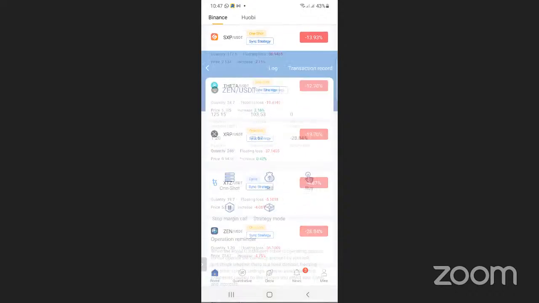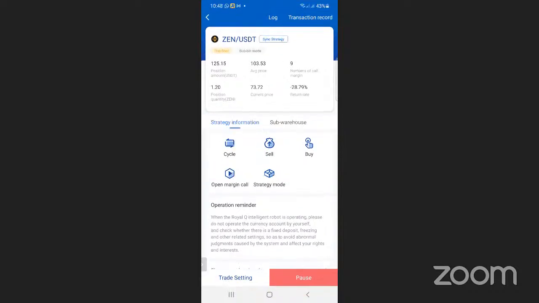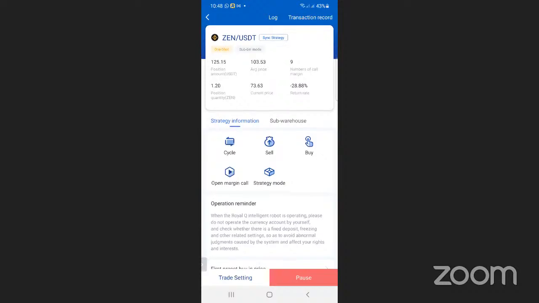Okay, let me look at Zenk. You see this coin? Its average price is 103.53%. So we are saying that the current price is lower than the average price. So since the current price is lower than the average price, we are having a floating loss.